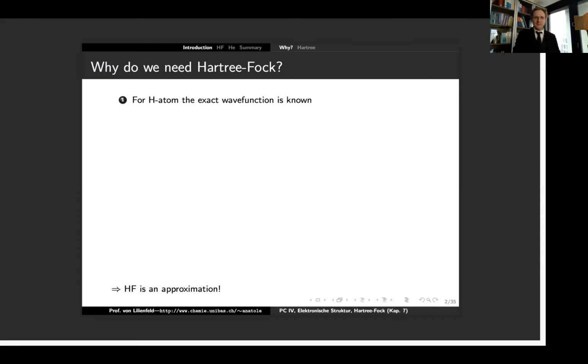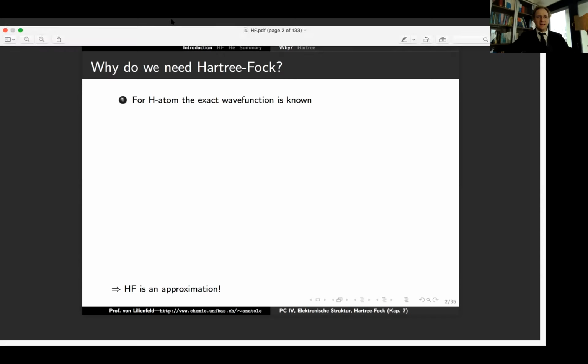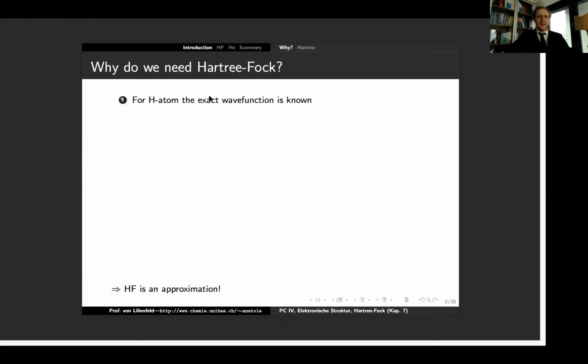This is briefly to motivate also the procedure where you will find reasonable results. Okay, so when you wonder why we would need still Hartree Fock, right?